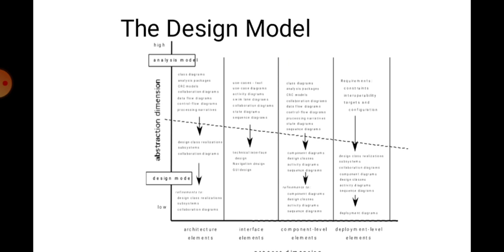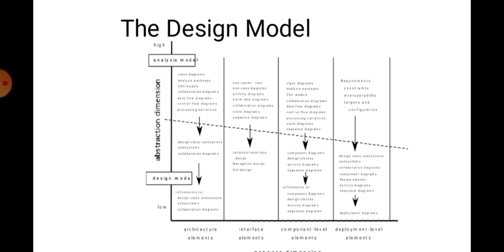In the process dimension, in the first phase you have architecture elements, in the second phase interface elements, in the third phase component level elements, and in the fourth you have deployment level elements.